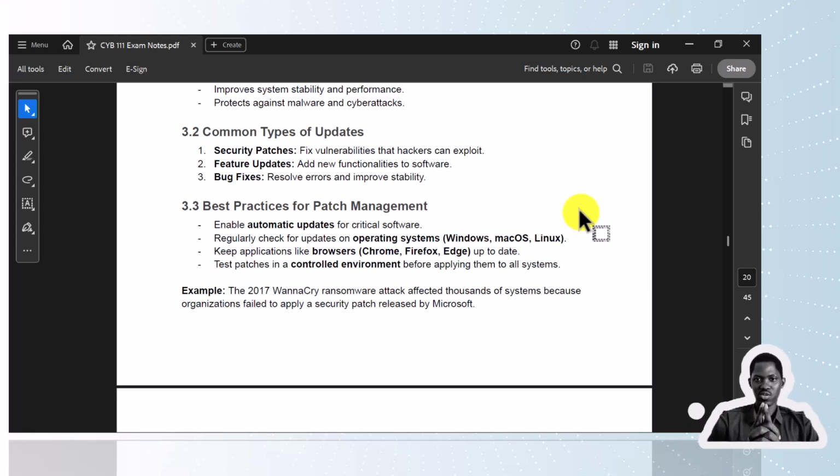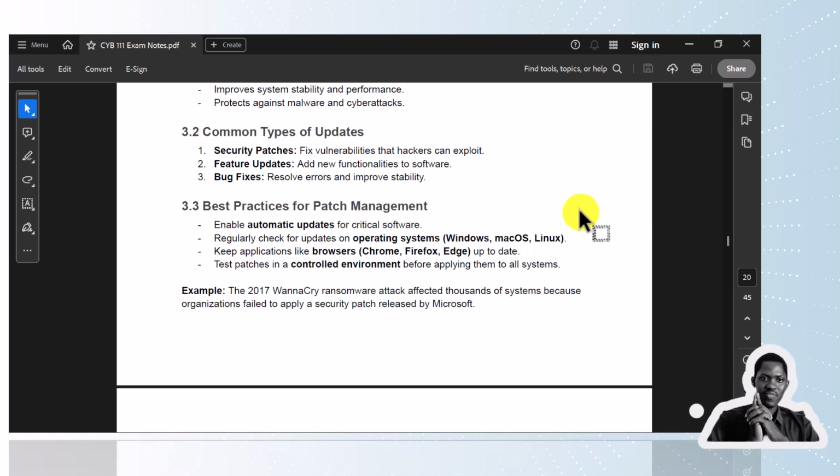Keep applications like your browsers up to date, applications that you use to interact with the internet a lot. Make sure you keep them up to date. You use your browsers the most to communicate and interact with the internet, so keep all those applications up to date. Your Instagram, your WhatsApp, and all of that.